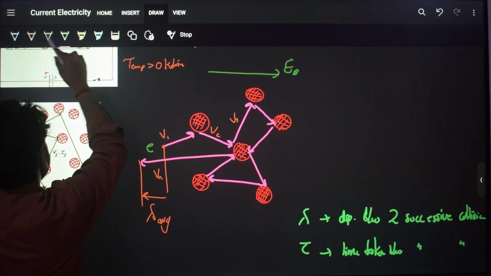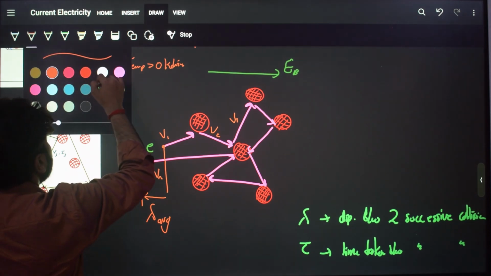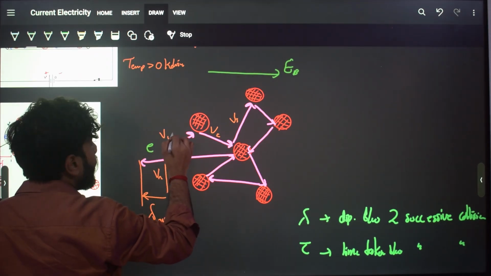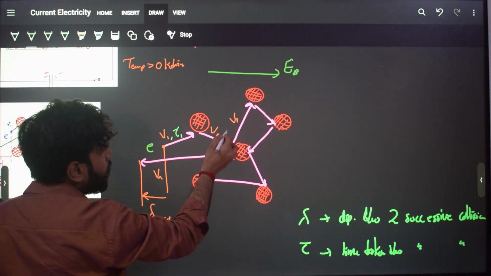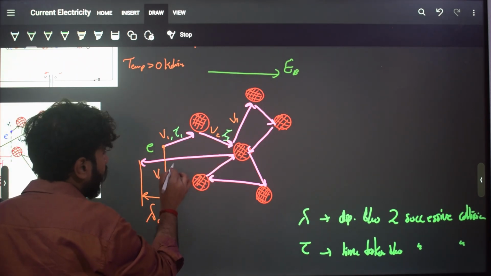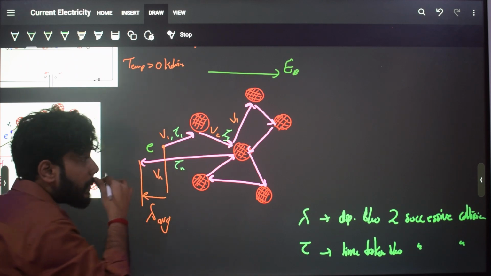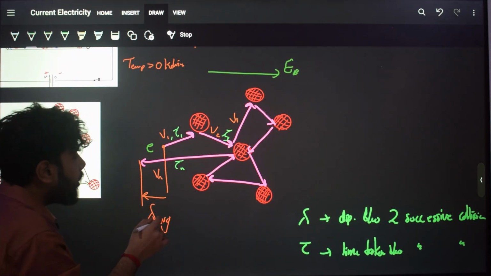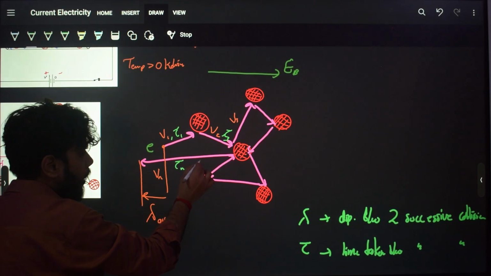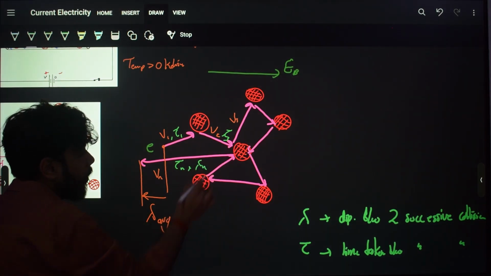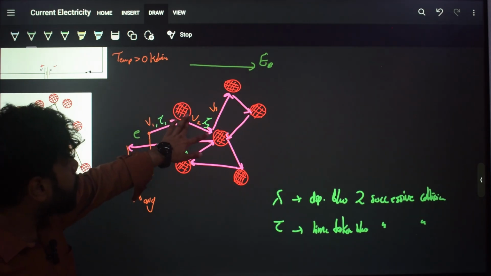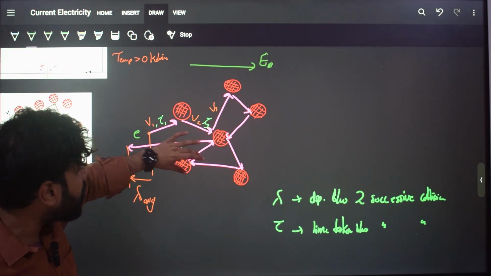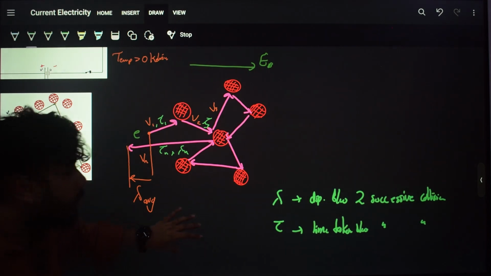So you can see here also there will be some time before it collides with another kernel. Again, this will be tau 3 and this will be your tau. Similarly, between each collision there will be some distance it has traveled, that will be your lambda. The distance between each collision is lambda, and tau is the time between each collision.